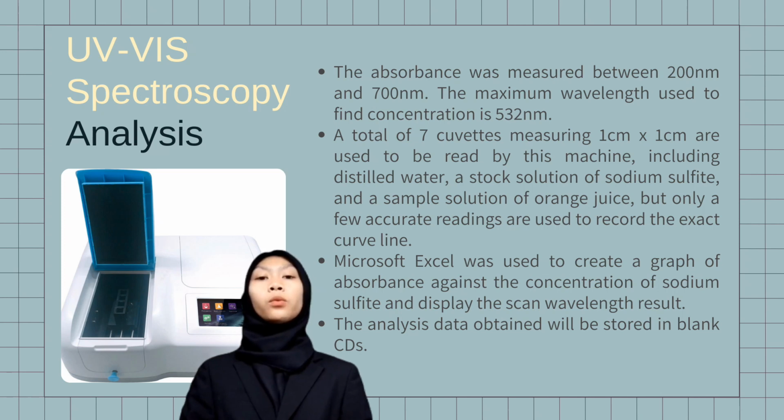Microsoft Excel was used to create a graph of absorbance against the concentration of sodium sulfide and display the scan wavelength result. The analysis data obtained will be stored in blank CDs.